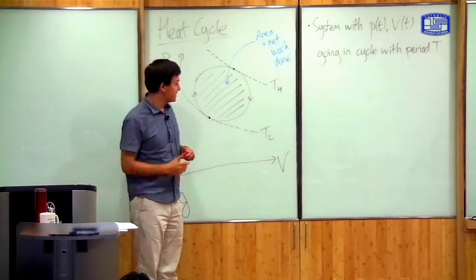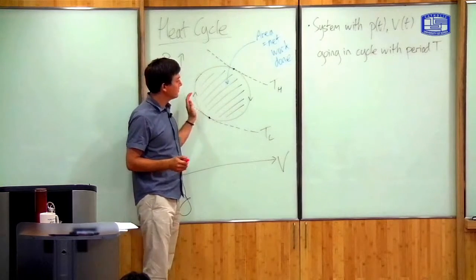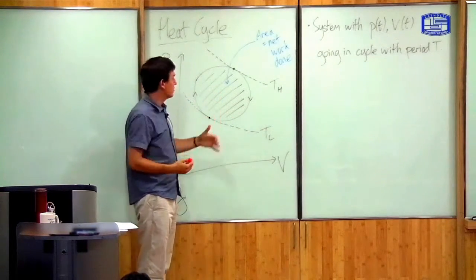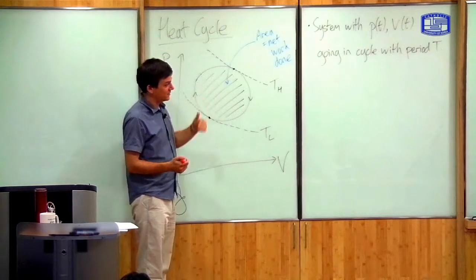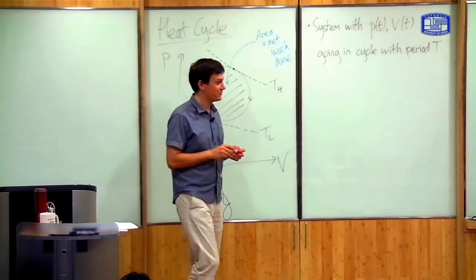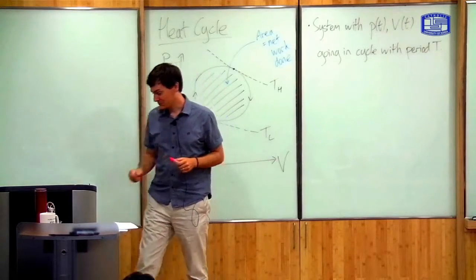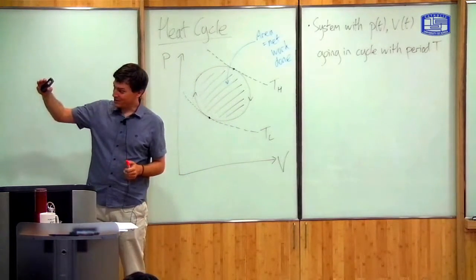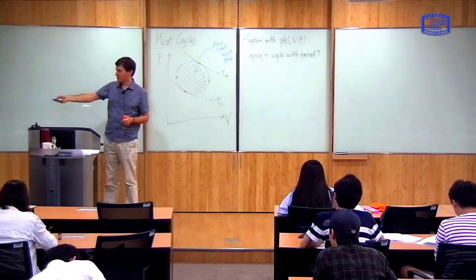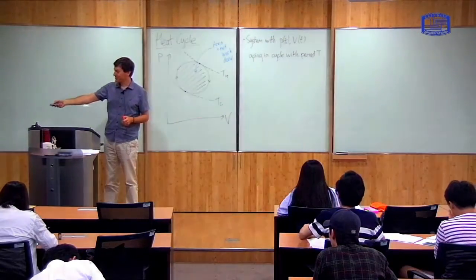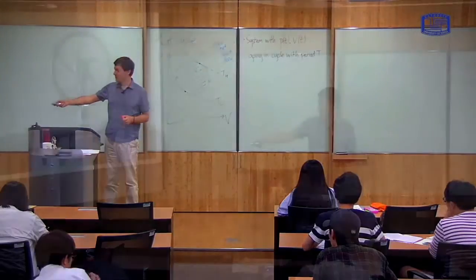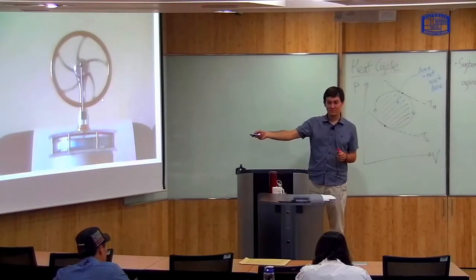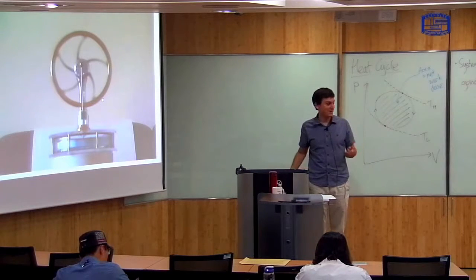So to complete the picture, we also have heat. Heat is either going into the gas if it's being heated, or it's coming out of the gas when the temperature of the gas is higher than the surroundings. So for example, in the Stirling engine you see here, when the blue piston is at the top, the gas is being heated by the water. When the blue piston is at the bottom, the gas is being cooled by the surrounding air.